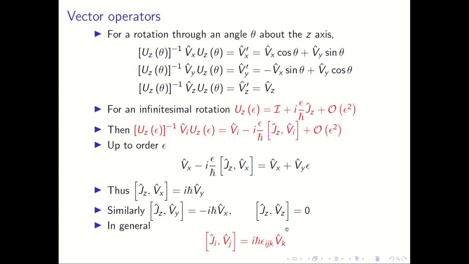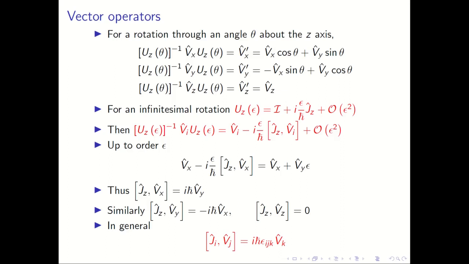Let me just remind you that that's exactly reminiscent of the angular momentum commutation relations in general, that happened to be [Ji, Jj] equals i h cross epsilon ijk Jk. By the way, some books take these commutation relations to be the definition of what vector operators are.